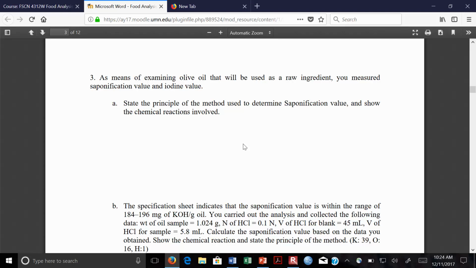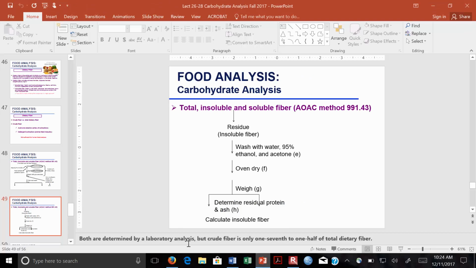So that would be your chemical reaction. And then when I say state the principle, that means, okay, your oil is saponified with KOH. And then you want to state the unit. So it's milligrams of KOH that saponify 1 gram of fat.